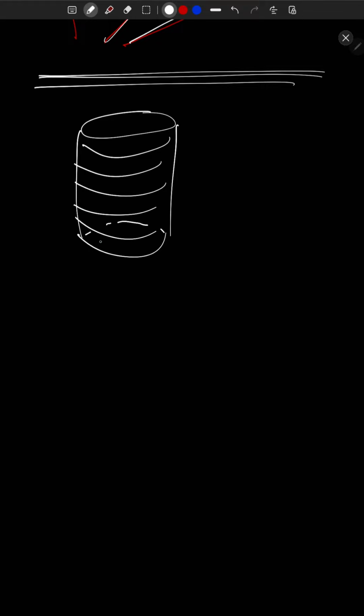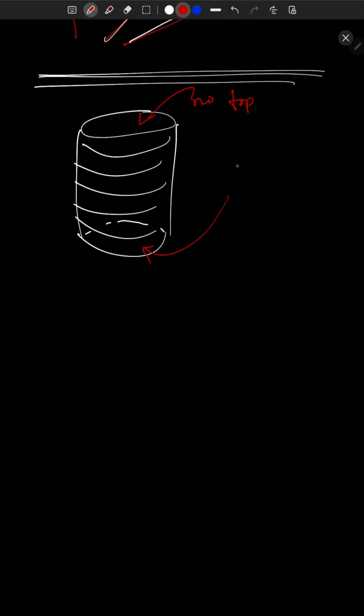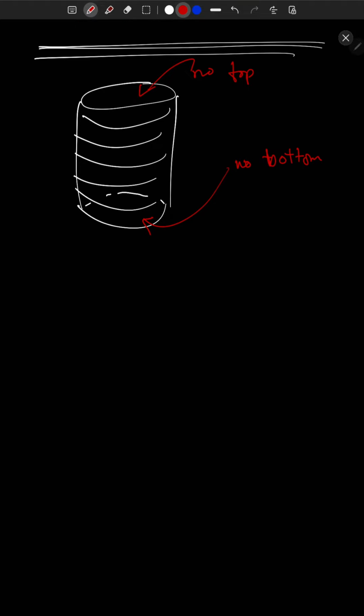All right, no top, no bottom. Good exercise, maybe just for yourself: figure out the same exact problem if you did have a top or a bottom. Computations will change only very slightly. But I just want to keep things very, very simple.